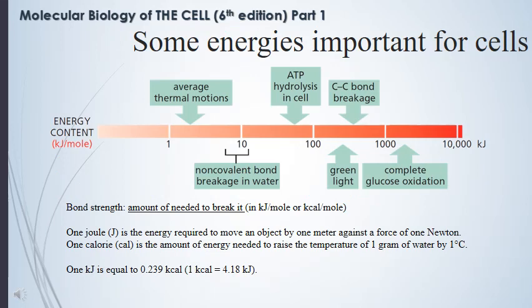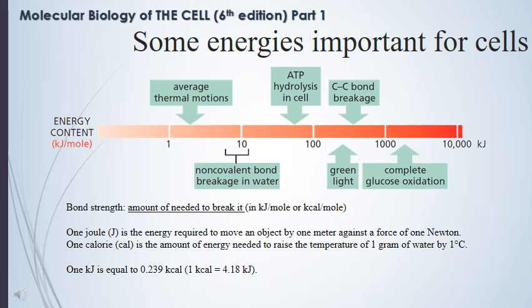So here's a general outline of some of the common energies in a cell. As we go towards the higher bonds of carbon-carbon bond, for example, we begin with average thermal energy, which is way less than a carbon-carbon bond. There is no way a carbon-carbon bond can deteriorate on its own in a cell.